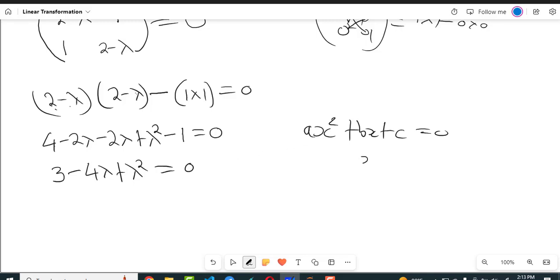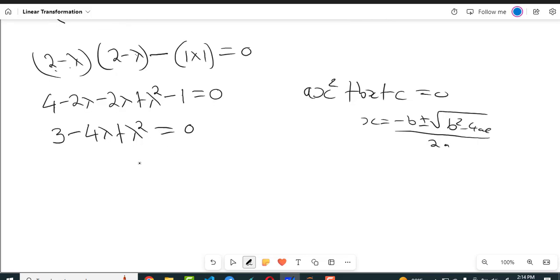We can use the general formula, x equals minus b plus or minus the square root of b squared minus 4ac, all over 2a. This is just a general formula. Or we can split the middle term, meaning the factorization concept, or we can use completing the square. So let us use a simple way.